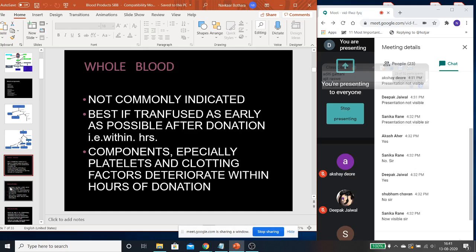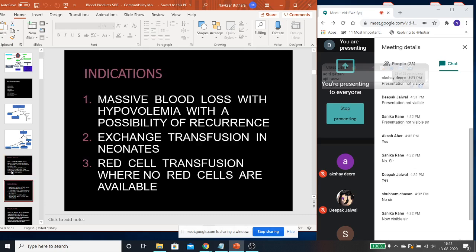Components like platelets and clotting factors get deteriorated within hours of the donation, so they need to be fractionated or separated as early as possible.